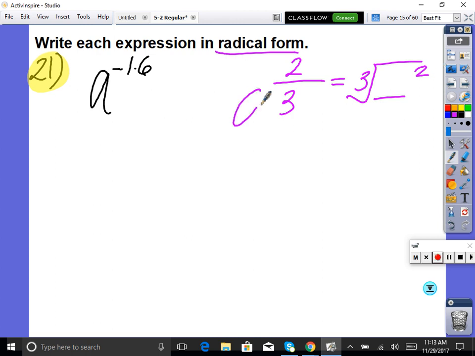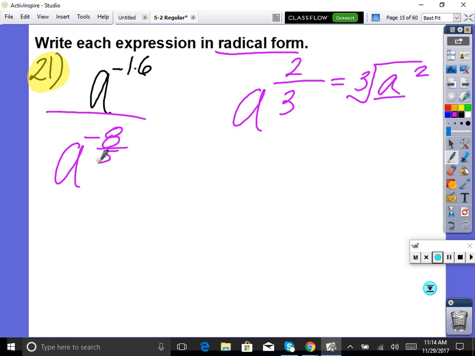Those are equal, correct? So looking at this, it says, rewrite each expression in radical form. Well, a decimal is not a fraction, so let's fix it. Take your calculator, type in -1.6, then you have to hit enter, then hit math, enter, enter. So this is really a to the -8/5.